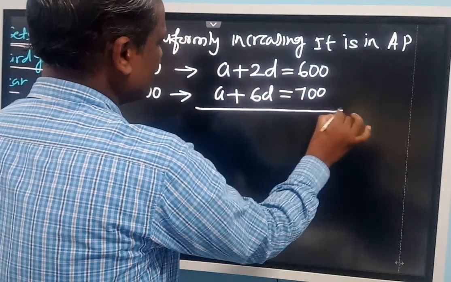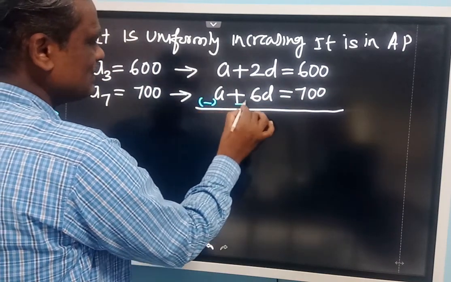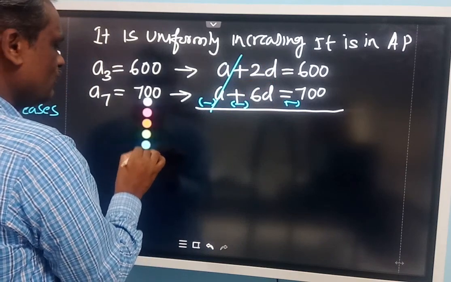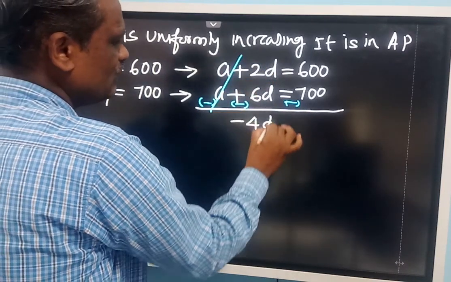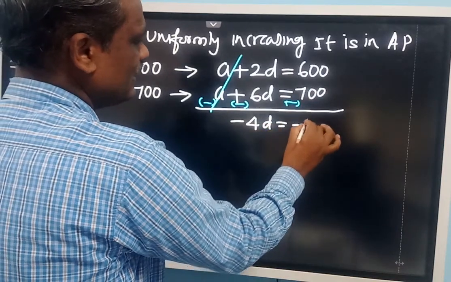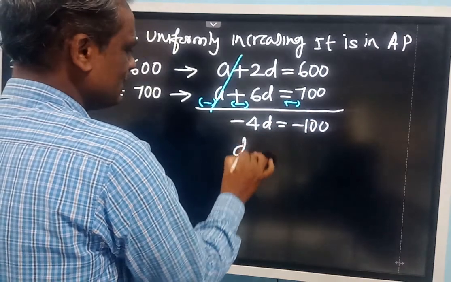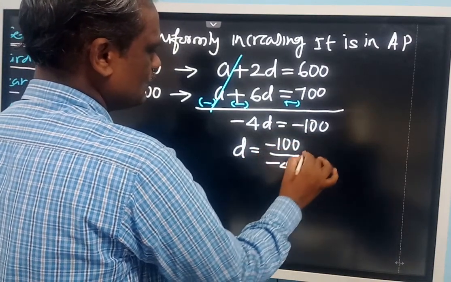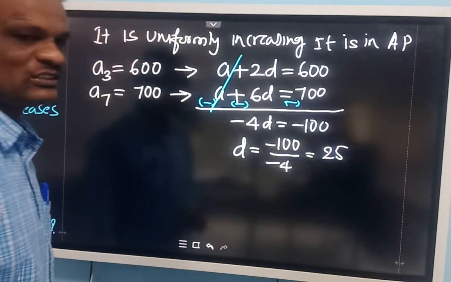Now let us subtract, the signs change, and the a terms cancel. So minus 6d plus 2d gives you minus 4d is equal to minus 100, since minus 700 plus 600 gives you minus 100. So d is equal to minus 100 divided by minus 4, which is 25. So the common difference is 25.